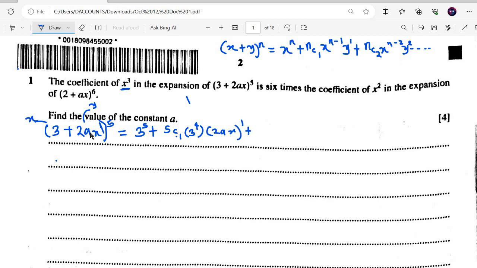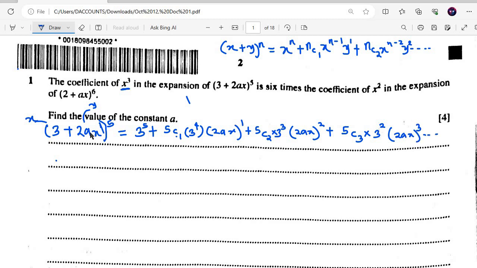The third term is 5C2 times 3^3, (2ax)^2. First, second, third. The fourth term is 5C3, 3^2, (2ax)^3.